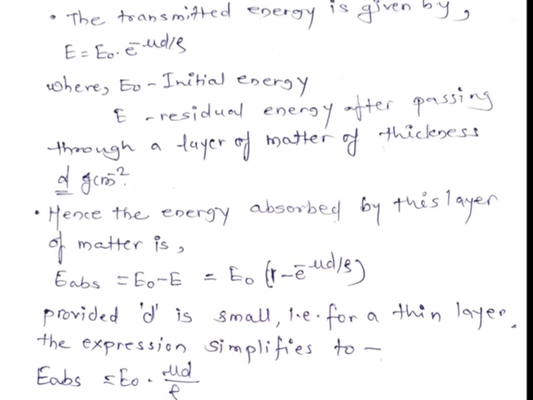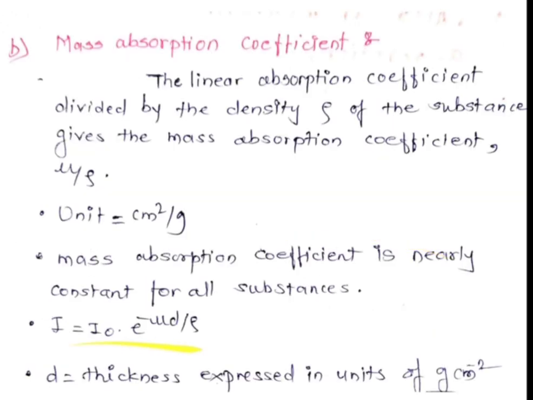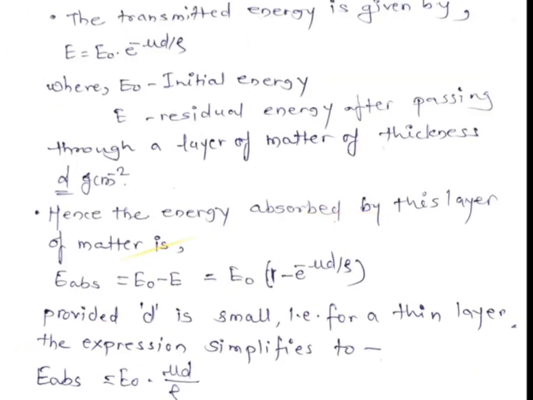Now, the transmitted energy is given by E = E0 e^(-mu d / rho). So this equation of the intensity is written in terms of the transmitted energy.